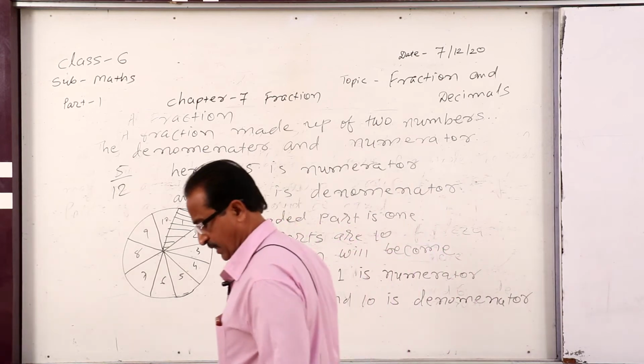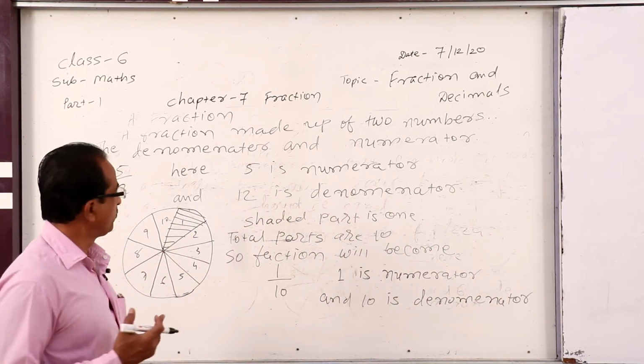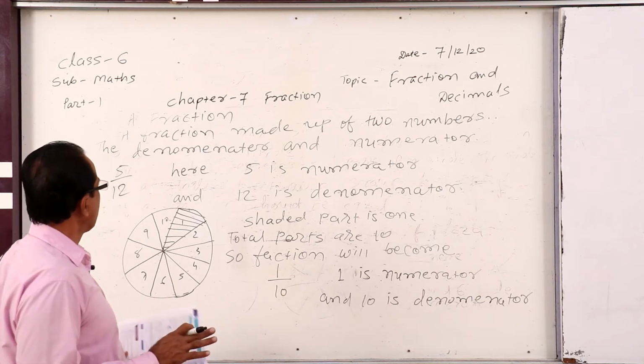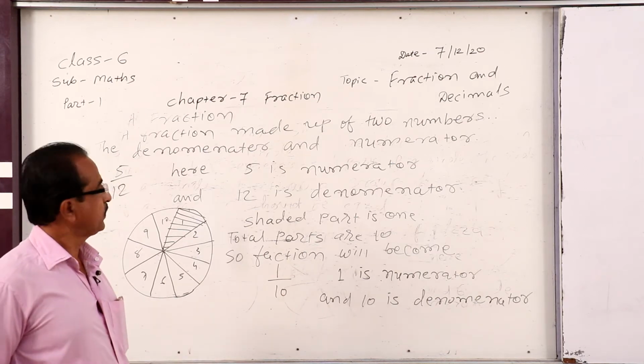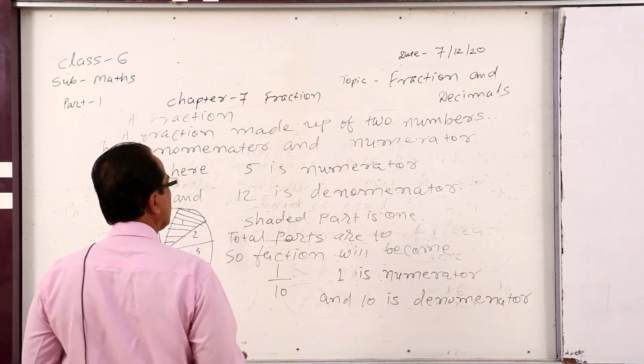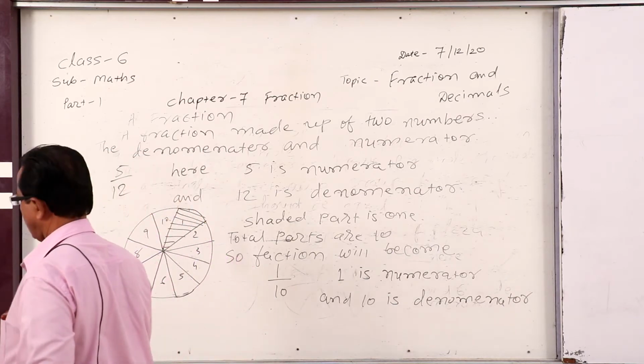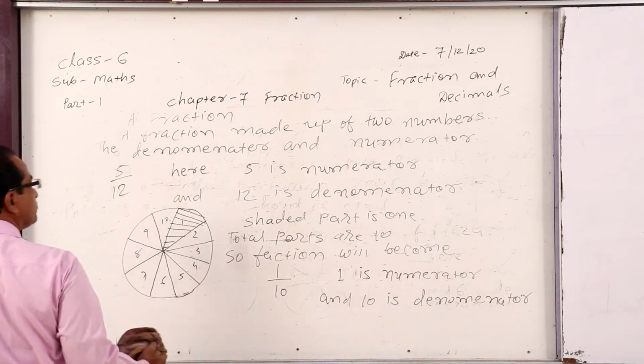Okay? In this way, any object we can divide into different types of parts, and it will make the fraction. We see more examples.